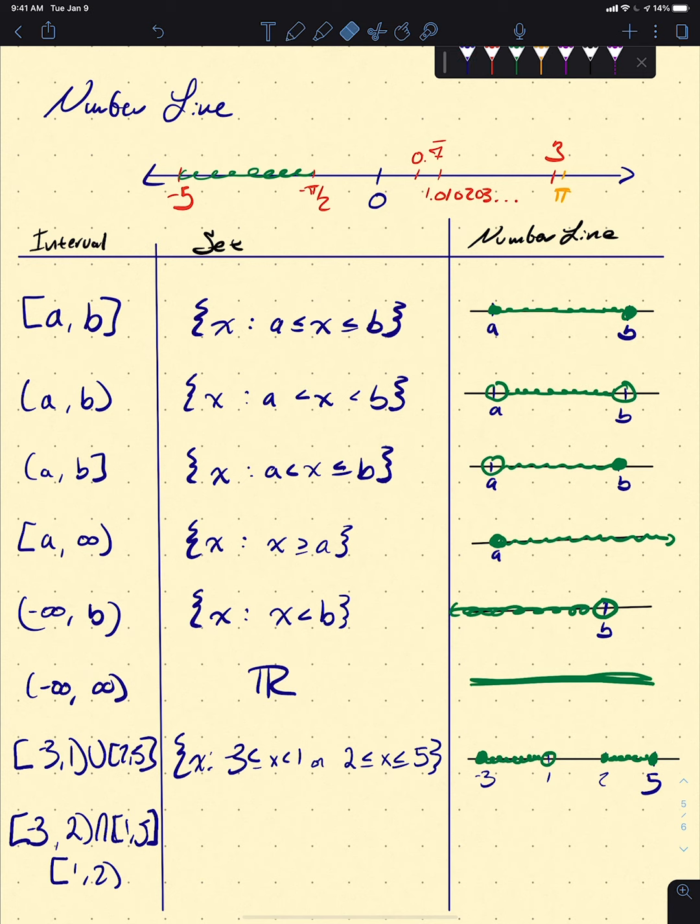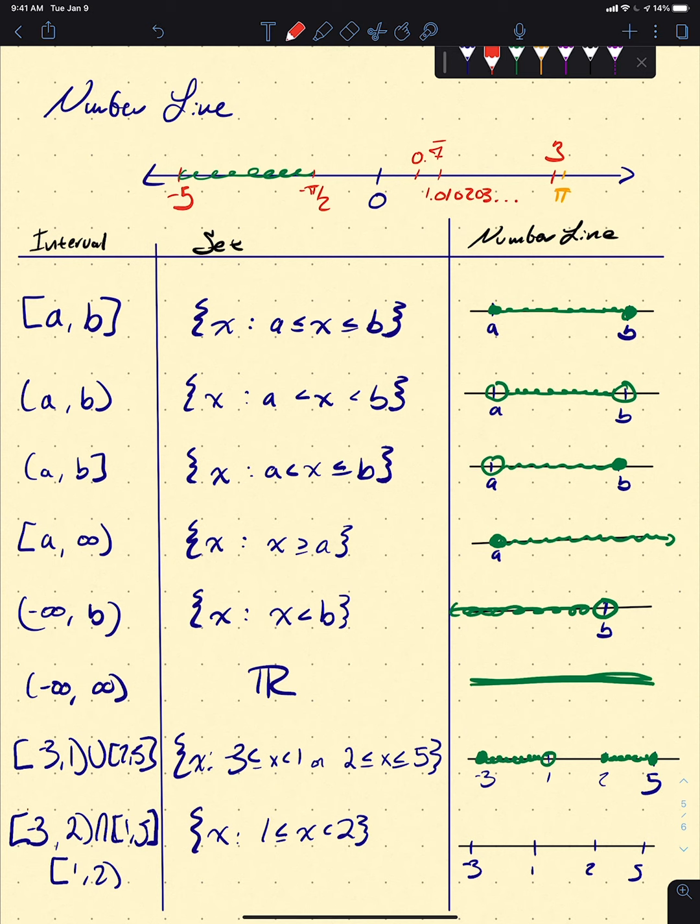And so we can talk about the simpler version of this. It's the set of all x where x is between 1 and 2. If I draw my picture, you might see a little bit more of what I mean. So we have these same important points here: -3, 1, 2, and 5.